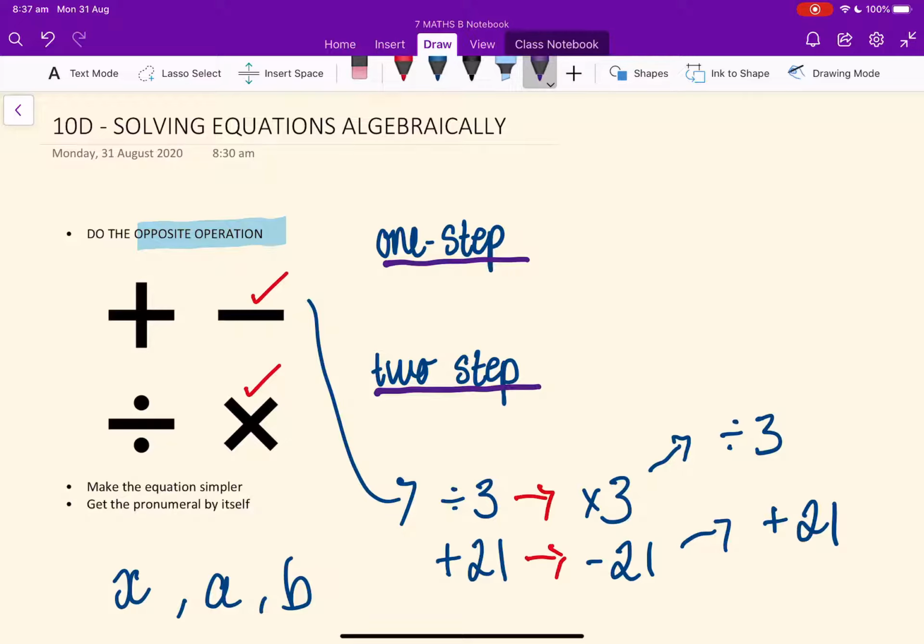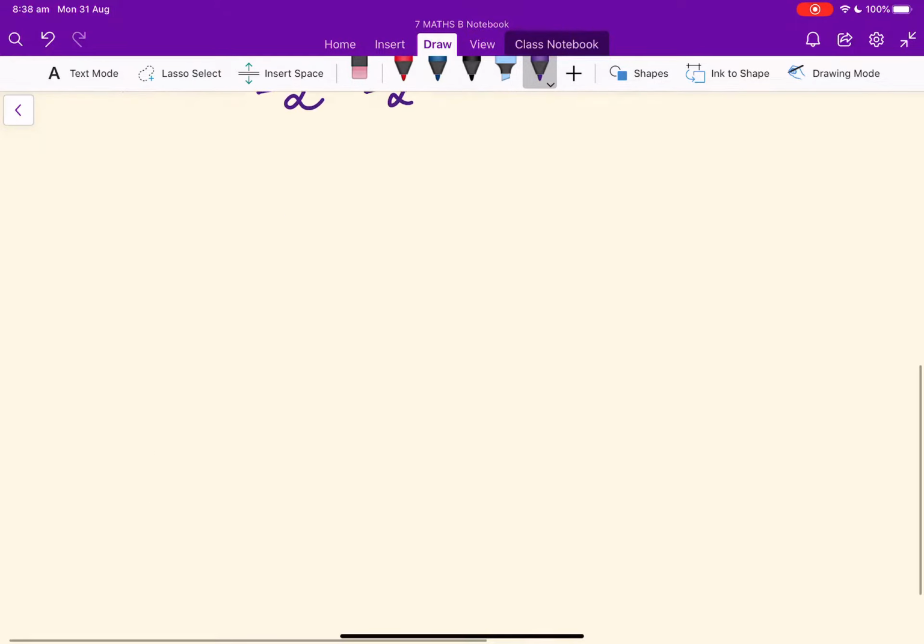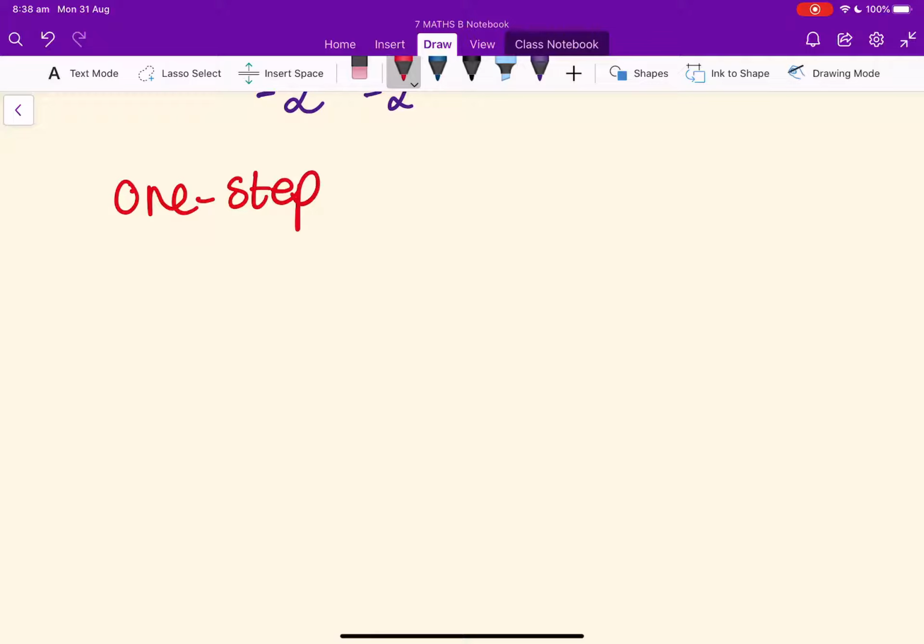So you've done lots of problems before in maths where it's required more than one step, so it's not a big deal, okay? Let's first do some one-step equations. So what I'm going to do is make a title, one step. And I'm just going to say this is short for equations, okay?